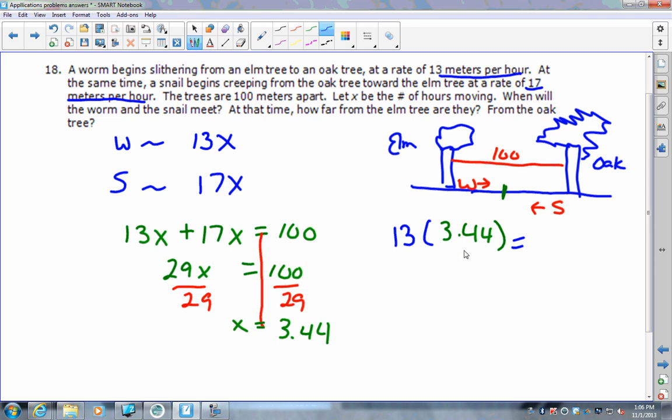What's 13 times 3.44? 44.72 meters. Now, the snail is 17 times 3.44. When you multiply that, what do you get? 58 point what? 0.48?